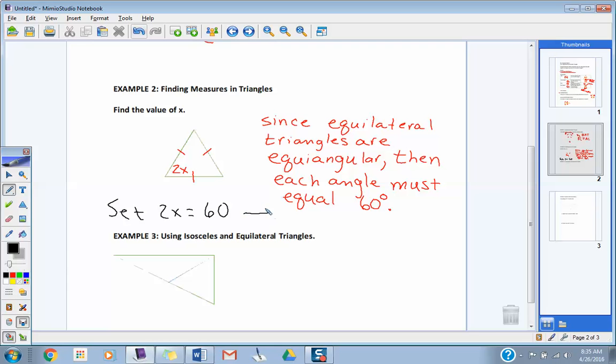So from this, we know that x is equal to what value here then? 30. Perfect. Well, I shouldn't say 30 degrees. I should just say x is equal to 30 there. Pretty short and to the point, isn't it?